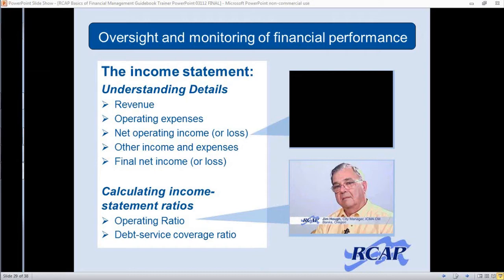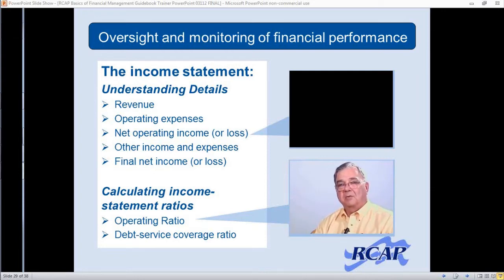And I think Jim's going to speak to that. The operating ratio is a very useful ratio. You want to make sure, of course, that you have your predetermined debt service, that you have enough money in your rates to be able to pay the debt service.